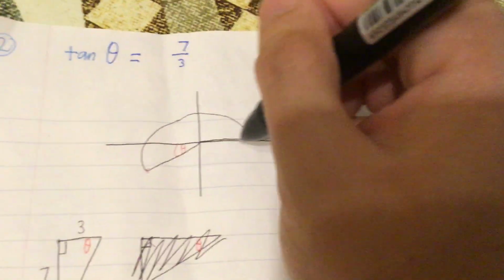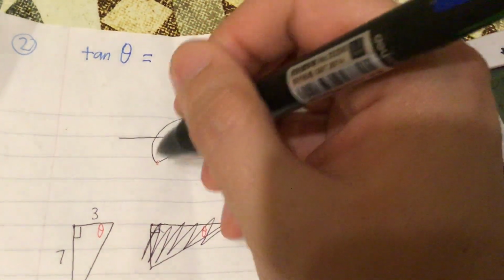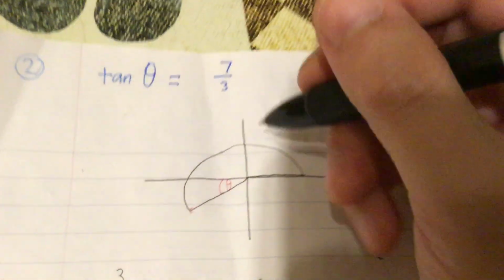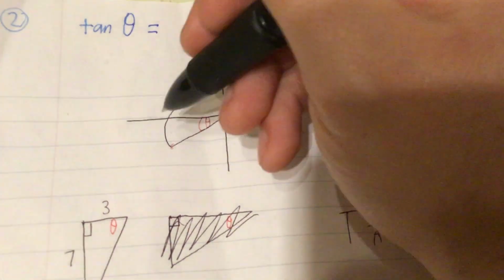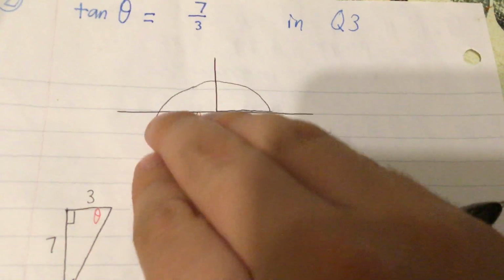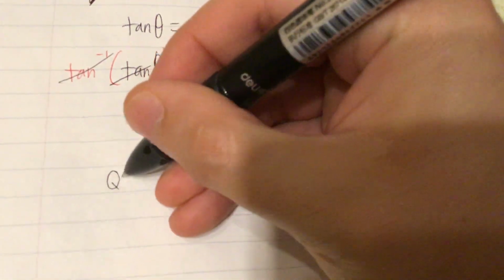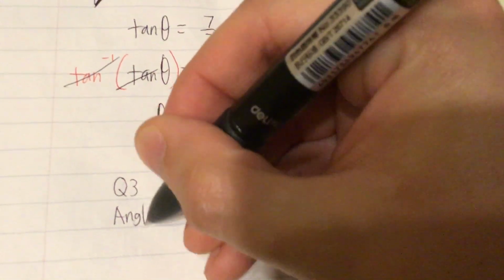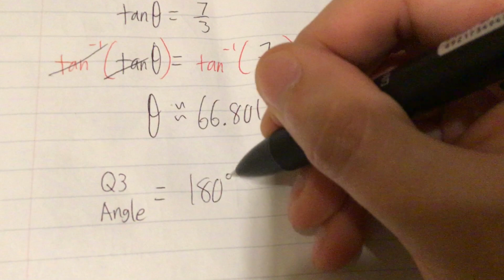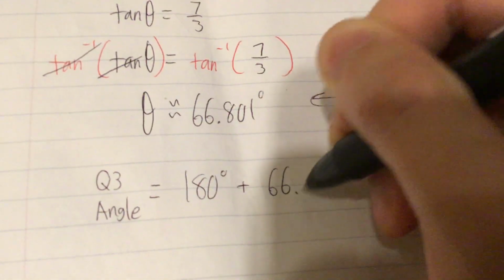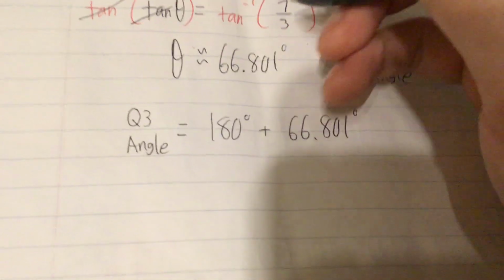So we want to figure out what the entire arc is, that black arc as opposed to that red reference angle. In other words, remember we're in quadrant 3. So if this is 66.801 degrees and this arc is 180 degrees, then together they would form the quadrant 3 angle. So the quadrant 3 angle is equal to 180 degrees plus 66.801 degrees.